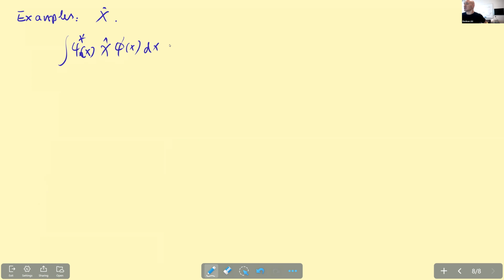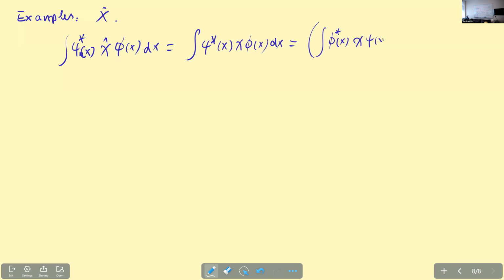Okay, so this one just equals to, and this one obviously equals to, so you must have this X is emission. Okay, that's easy, right?